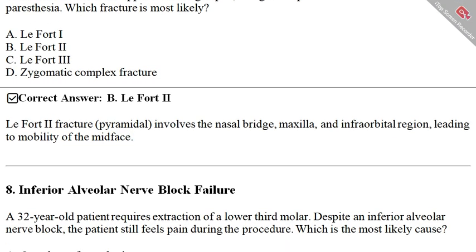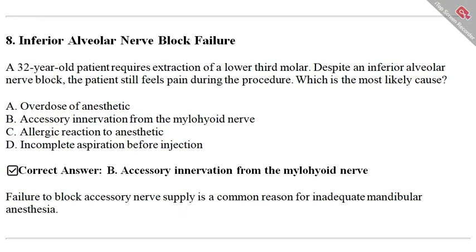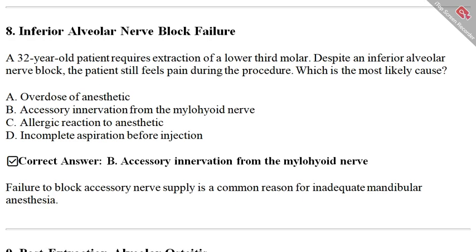Let's move to question number 8 of this video, which is related to inferior alveolar nerve block failure. A 32-year-old patient requires extraction of a lower third molar. Despite an inferior alveolar nerve block, the patient still feels pain during the procedure.